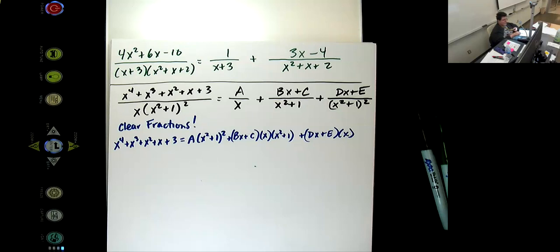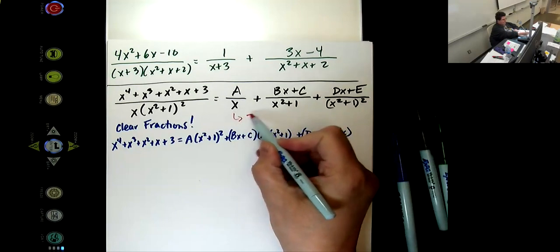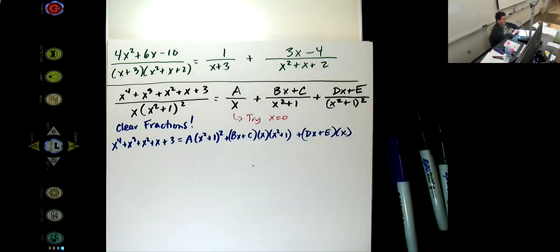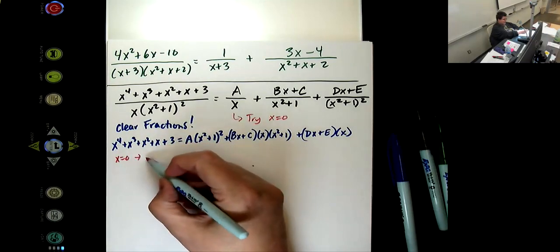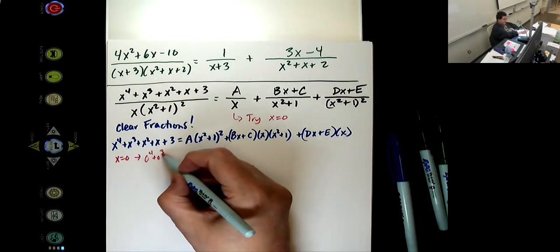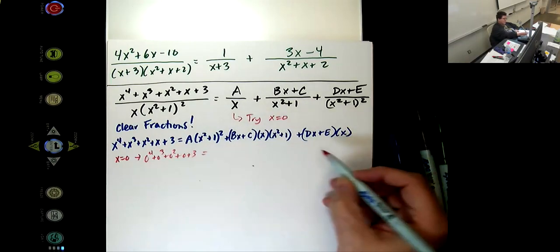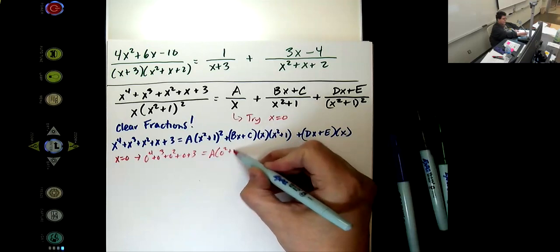We got one shortcut here. Only one thing we can do. We can try x equals 0 to shorthand this a little bit. If I do x equals 0, this is 0 to the 4th plus 0 cubed plus 0 squared plus 0 plus 3 equals a times 0 squared plus 1 squared.